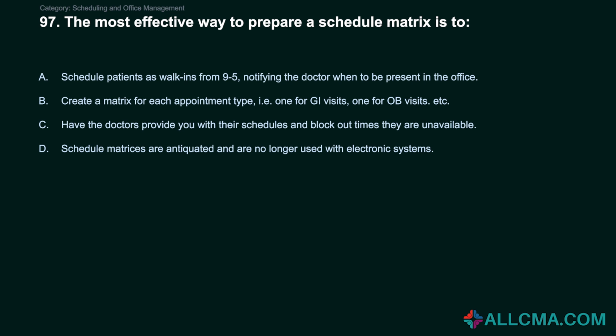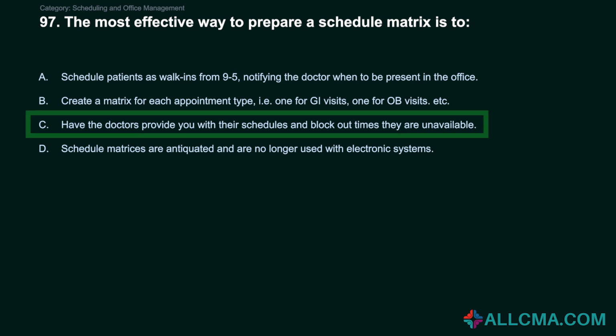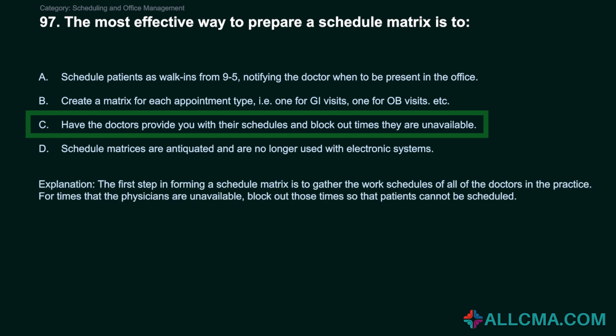D. Schedule matrices are antiquated and are no longer used with electronic systems. Correct answer: C. The first step in forming a schedule matrix is to gather the work schedules of all of the doctors in the practice. For times that the physicians are unavailable, block out those times so that patients cannot be scheduled.